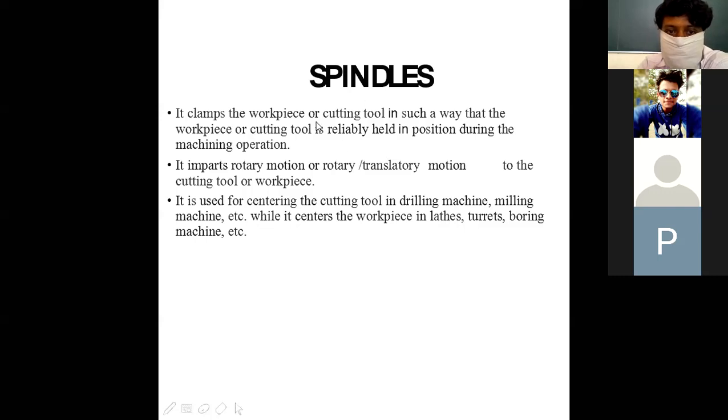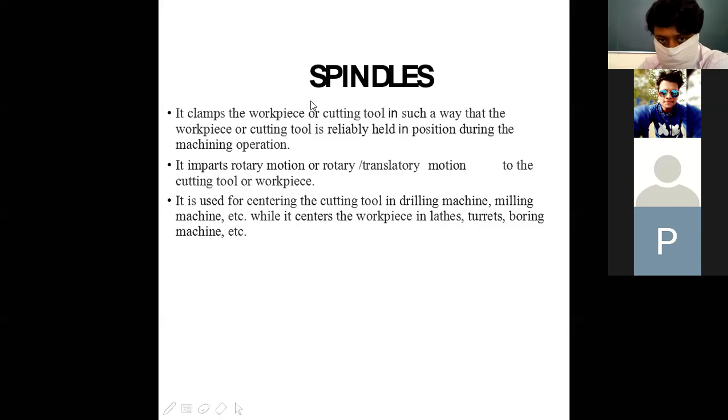It clamps the workpiece or cutting tool. Either we can use the spindle to hold the workpiece, or sometimes it is used to hold the cutting tool, in such a way that the workpiece or cutting tool is reliably held in position during the machining operation.